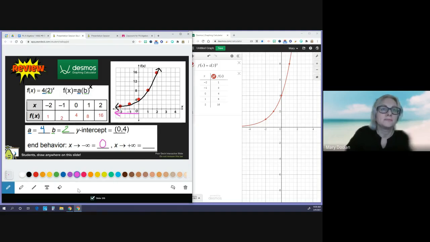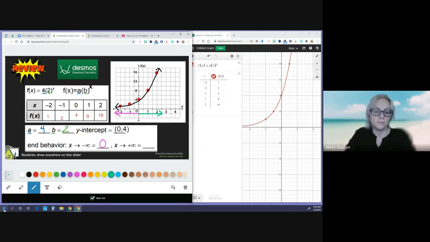Approaches 0. And then as x approaches positive infinity, when you talk about positive infinity, you could put a plus sign in front of it to be very specific. If you don't put a plus sign, it's implied you're talking about positive infinity. If you mean negative infinity, you have to put the negative sign in front. So now, as we move along the x-axis this way, what's happening to my graph? It's getting closer and closer and closer to what?